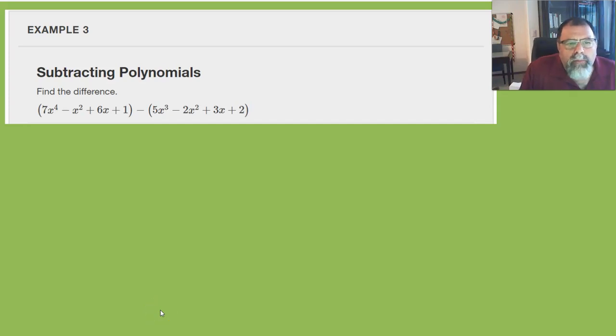Now to subtract polynomials, we're going to take care of the subtraction by thinking of subtraction as adding the opposite, right? For real numbers.